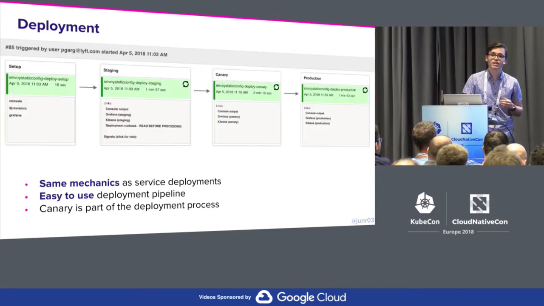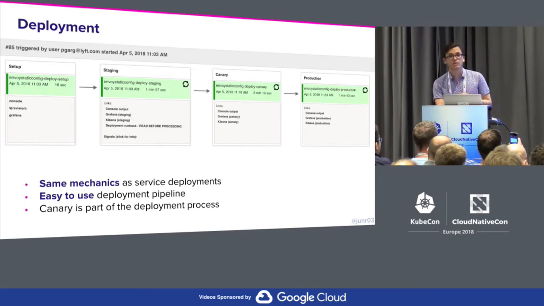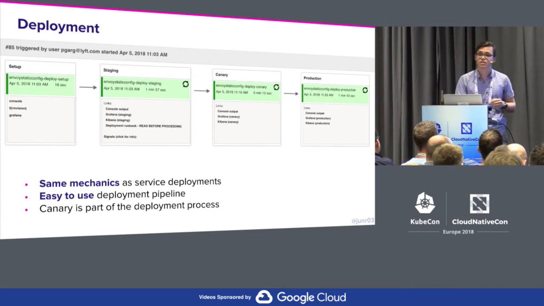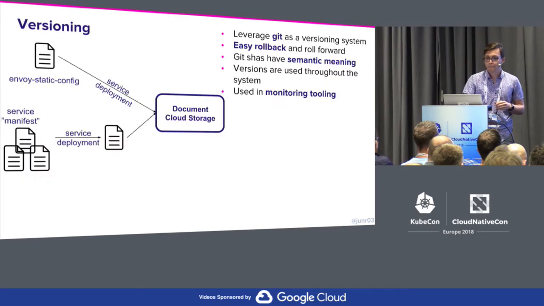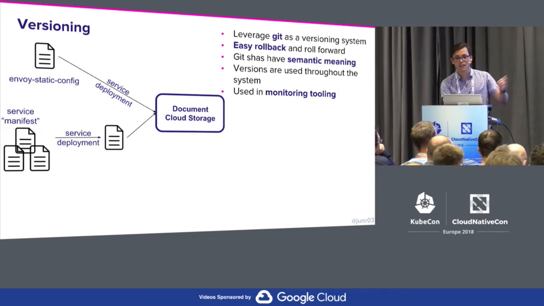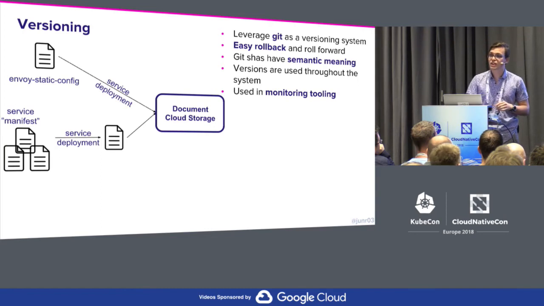And once the deployment has started, the deployment pipeline looks exactly the same for configuration as it does for code. Configuration goes through the same stages as code would go, so you can validate in staging and Canary, and then in production that your configuration change is successful. On top of that, we have leveraged Git as our versioning system for configuration. So if you went to Alexis' session yesterday on GitOps, this really is the same.